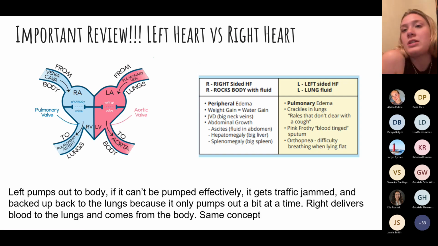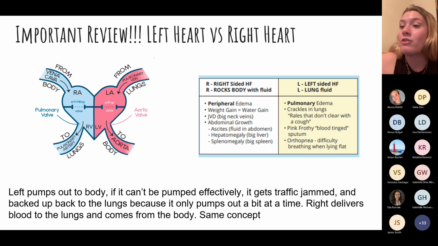So we talked a little bit about left heart versus right heart. And just a quick little crash course. The right side of our heart gets blood from the body and it takes it to the lungs. Our left side of the heart gets the blood from the lungs and it takes it to the body. So if I'm having issues with the left side of my heart, it's going to cause a backup of blood. Where's my blood going to back up into?